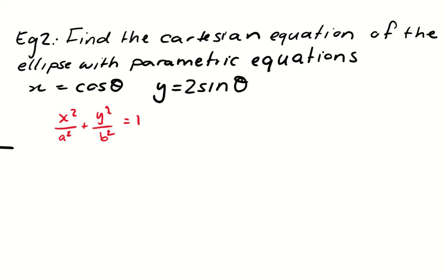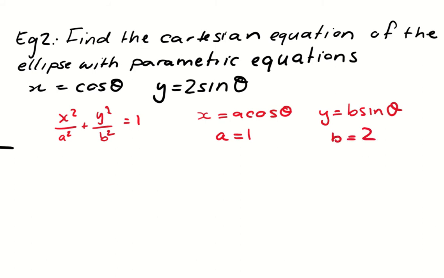I also know that my parametric equation of an ellipse is in the form x equals a cos theta and y equals b sin theta. So it's obvious straight away that a is going to be 1 and b is going to be 2, which gives me x squared on 1 squared plus y squared on 2 squared.